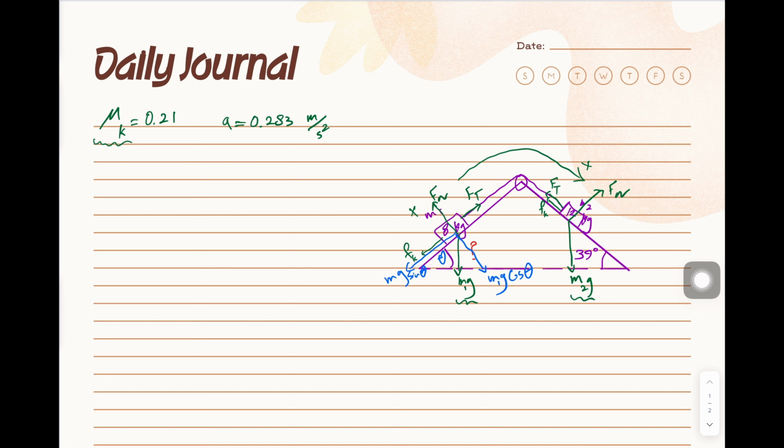So these are for M1, and for the other one, I have mg sine 39 and also mg cosine 39. Okay, now I have all forces as free body diagrams.